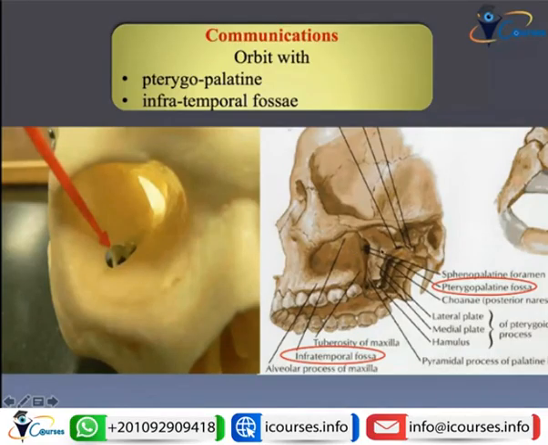So it will communicate the orbit to two other fossae, which are the pterygopalatine fossa, which contains the pterygopalatine ganglion and the pterygopalatine venous plexus that we will discuss later on, and the infratemporal fossa.